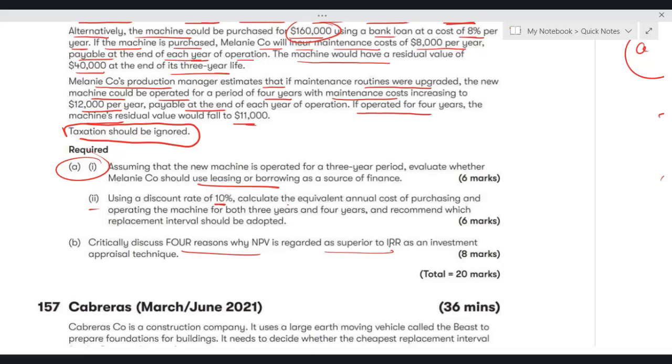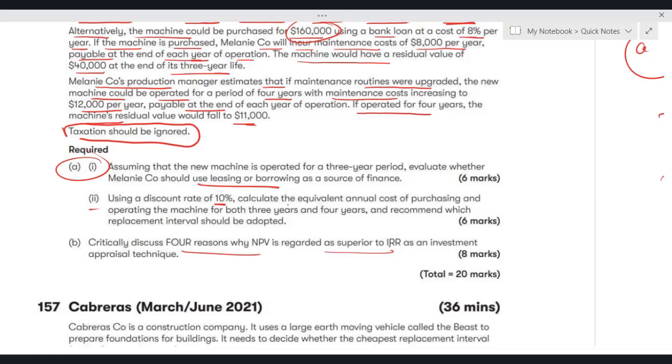Another reason, when it comes to mutually exclusive projects, IRR should not be used because a decision on the basis of IRR can be misleading, can be incorrect. In fact, in case of mutually exclusive projects, the decision should be made on the basis of NPV. And obviously, the project which gives a higher NPV will be opted.